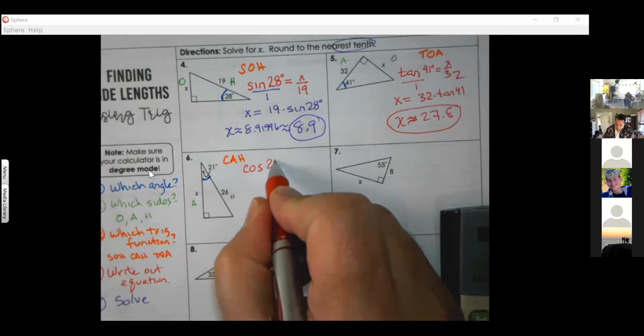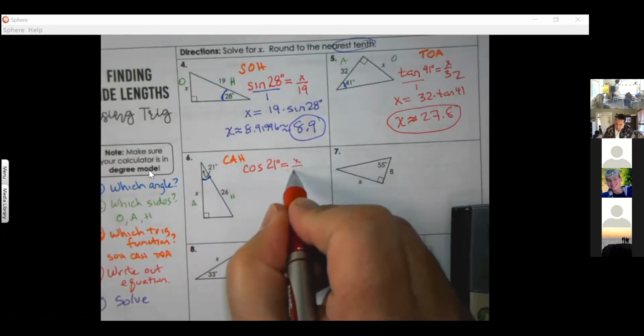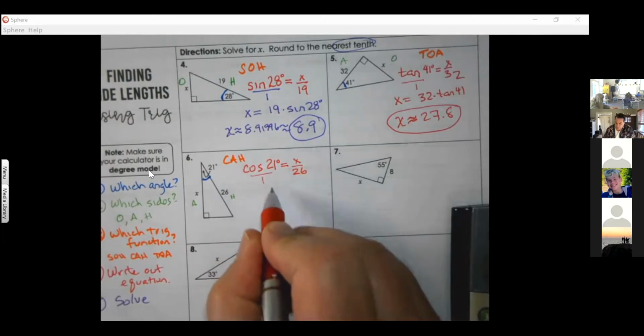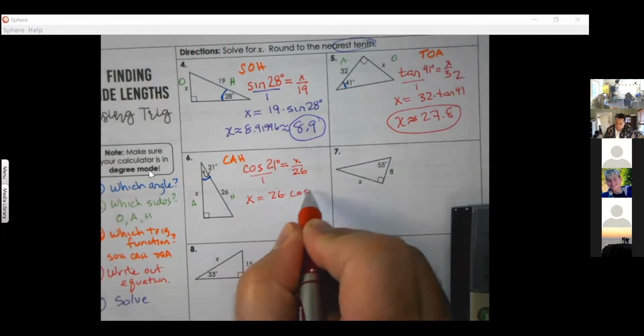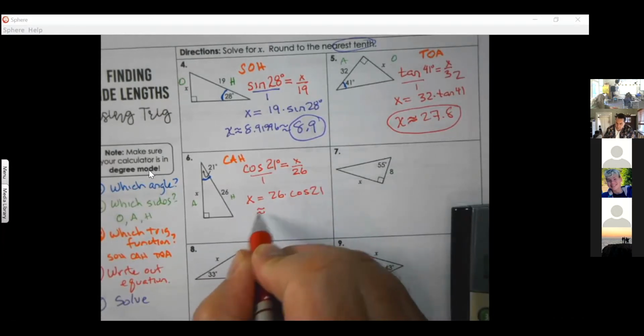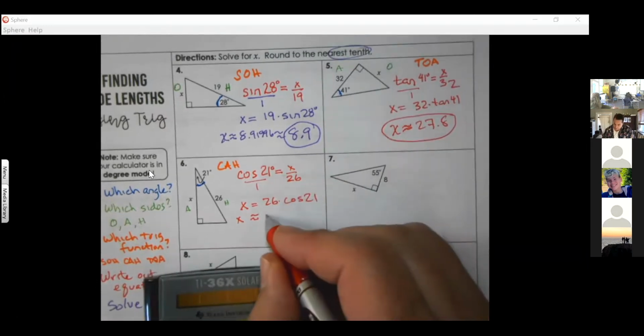So 21 equals adjacent over hypotenuse. Cross multiply. Pull out the calculator. If you're trying to do it in one thread like I'm doing it, make sure that you hit equals at the end.